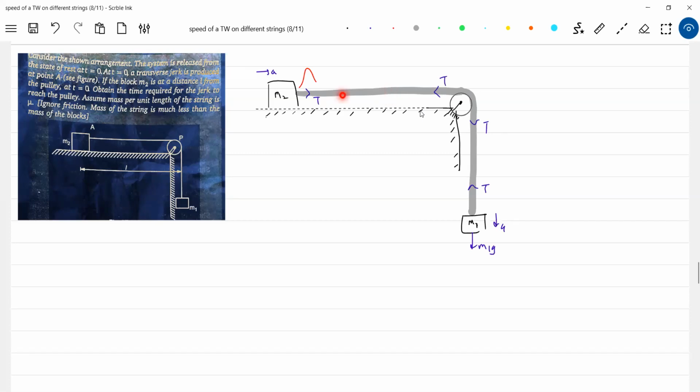We are making, what is it? How much time the pulse will take to move from the block to the pulley. What is the state of the rope? The rope is accelerating. That's the only thing here.